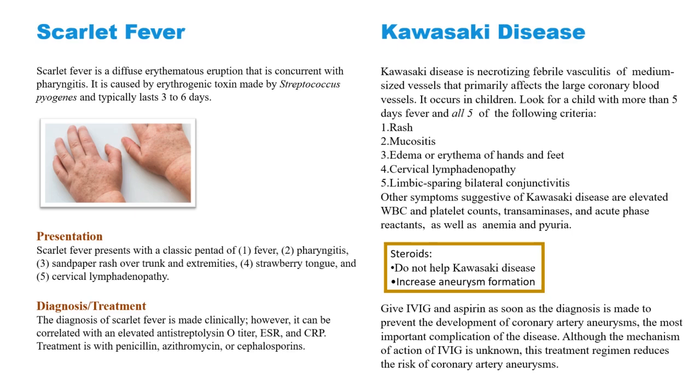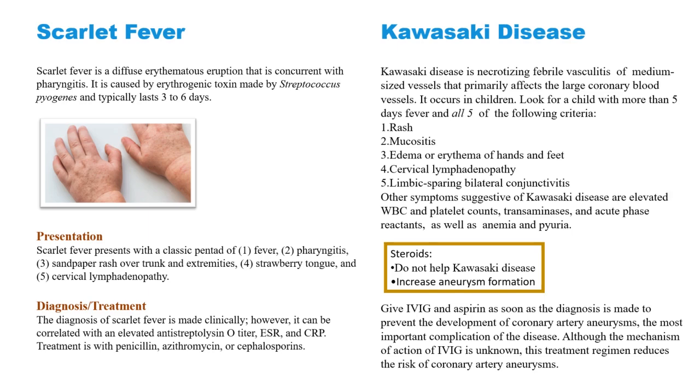Steroids do not help Kawasaki disease, and they increase the formation of aneurysm. So the treatment, you give IVIG and aspirin as soon as the diagnosis is made to prevent development of coronary artery aneurysms, the most important complication of this disease. So you need to give IVIG and aspirin. Although the mechanism of action of IVIG is unknown, this treatment regimen reduces the risk of coronary artery aneurysms.